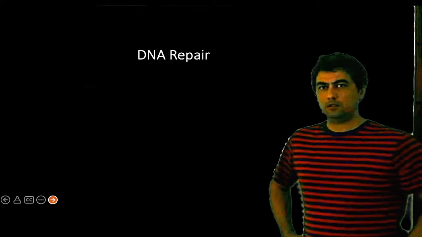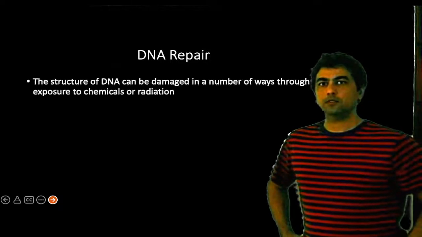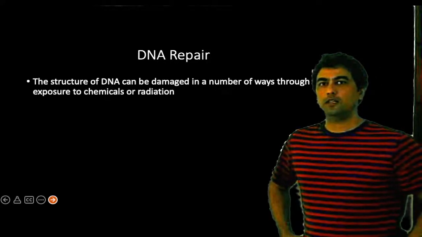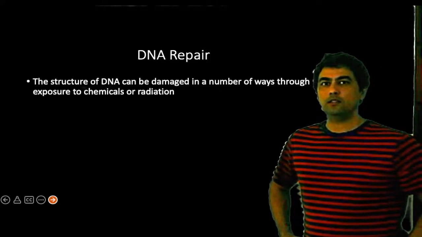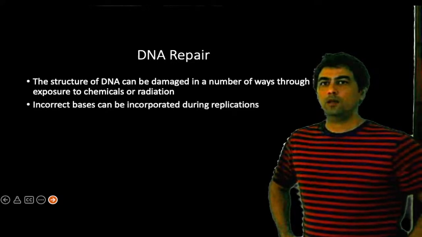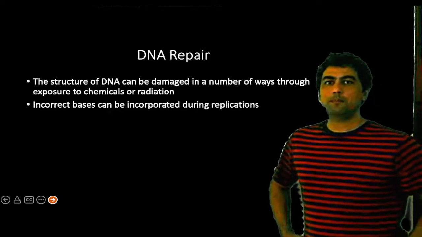This is now a new topic, DNA repair. The structure of DNA can be damaged in a number of ways through exposure to chemicals or radiation. Incorrect bases can also be incorporated during replication.